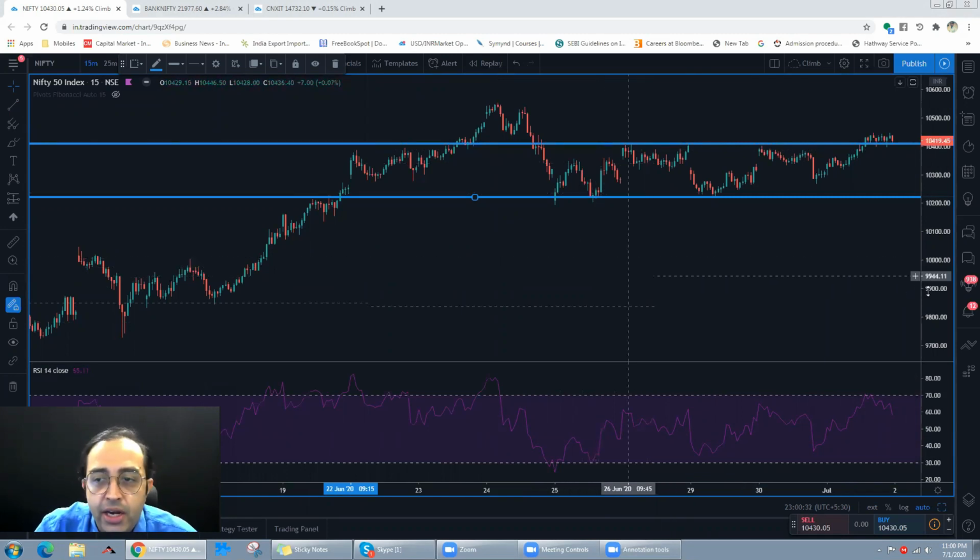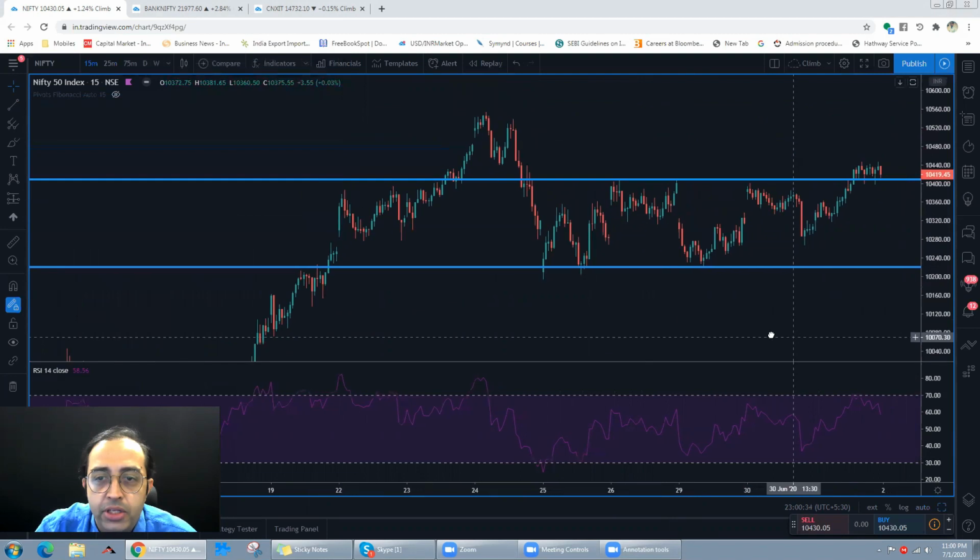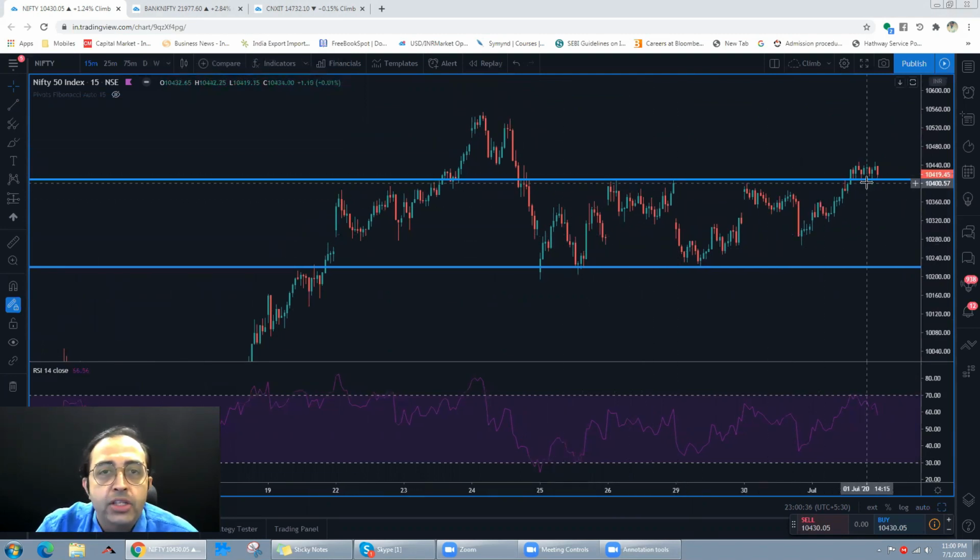You can see here that Nifty moved in and around this area, and then it has closed above the zone. I am using a 15-minute chart, and you can see here that Nifty has closed quite well. It has closed well above this channel which had been formed over the last three sessions.